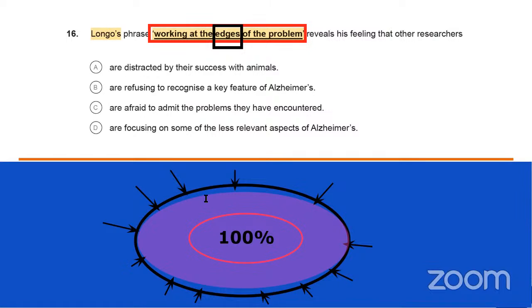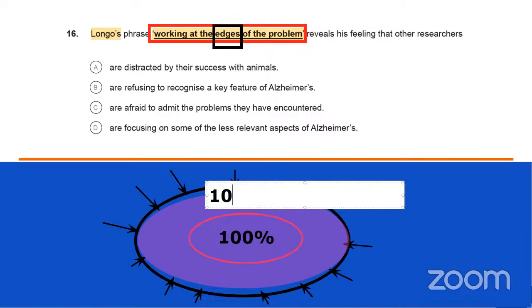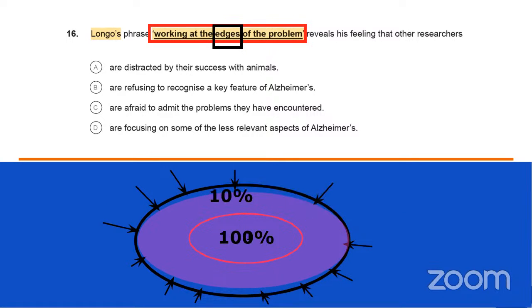And here it is only 10% of the problem. So which is more and which is less? They are focusing on the lesser area of the problem around. So this is the point. Edges means 10% or 5% or 20% or 25%.